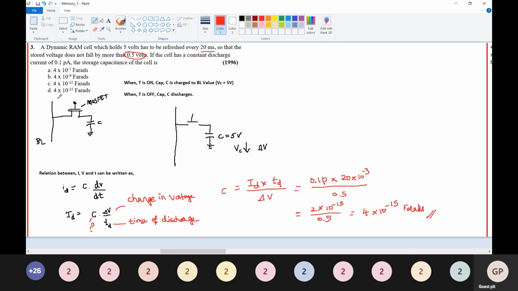So 4 into 10 power minus 15 farad, option D is the correct answer. Yes.